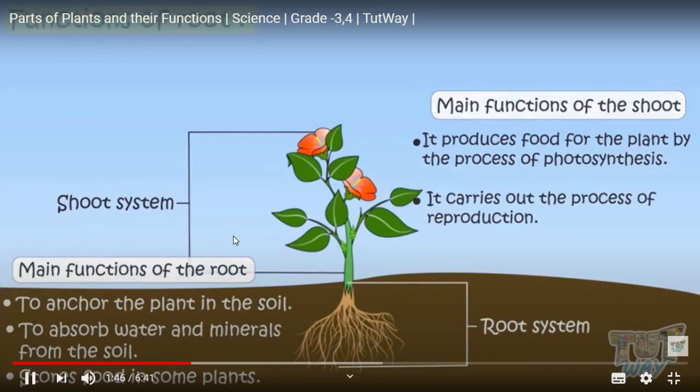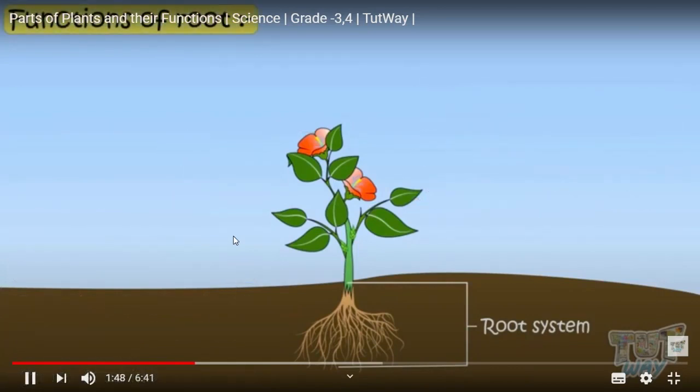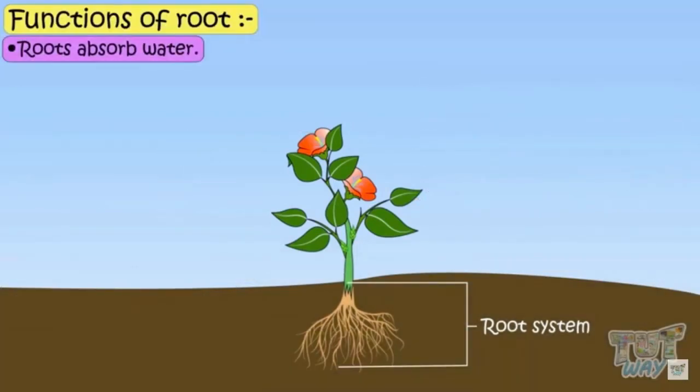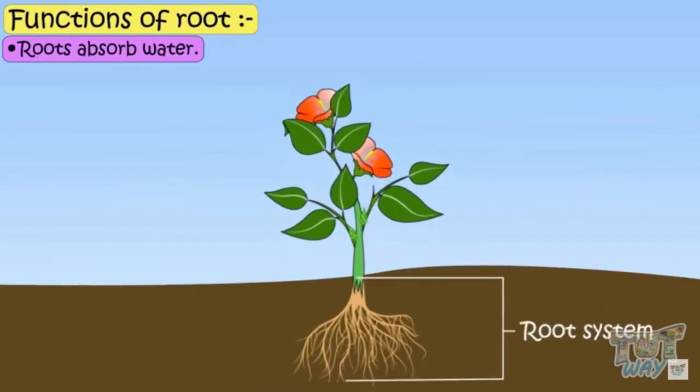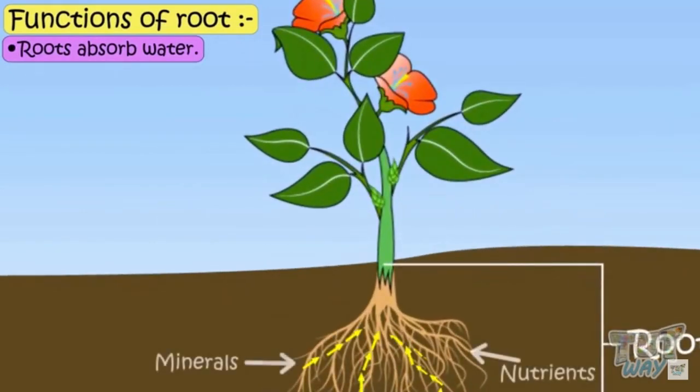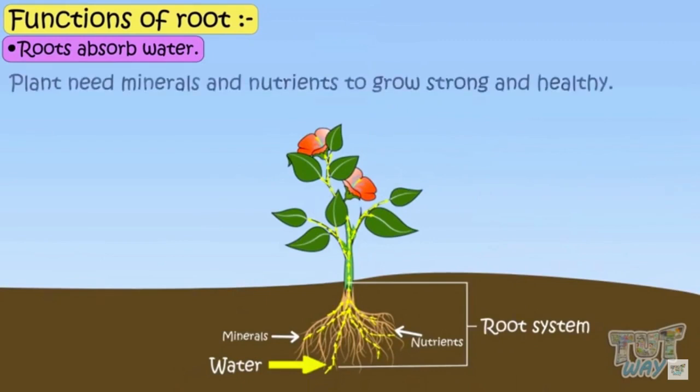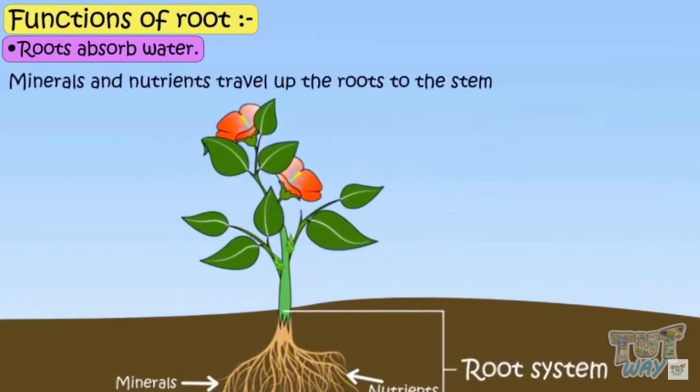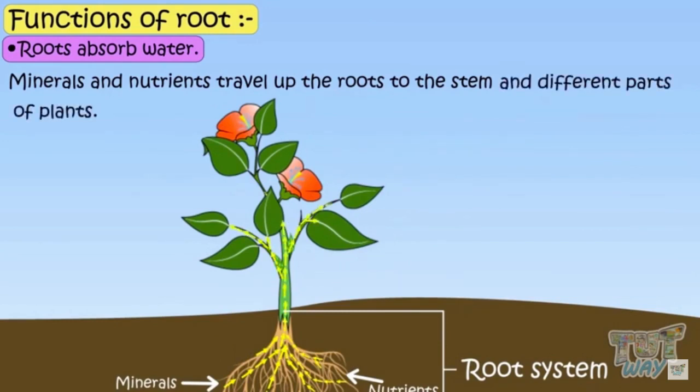Now let's learn the function of roots in detail. Roots absorb water from the soil, which in turn provides the plants with nutrients and minerals. As we need food and water to live, same way, plants need these minerals and nutrients to grow strong and healthy. Minerals and nutrients travel up the roots to the stem and different parts of plants to provide nutrition to all parts of the plant.